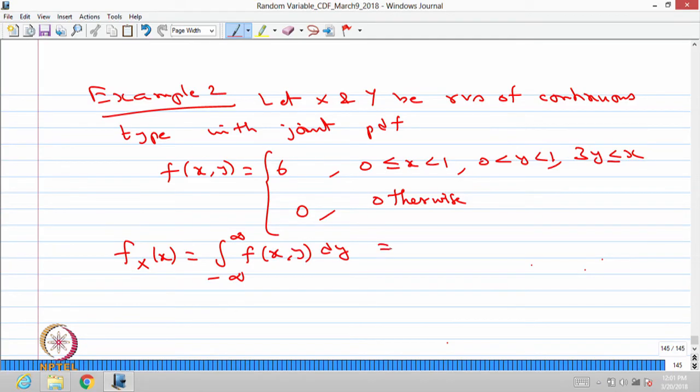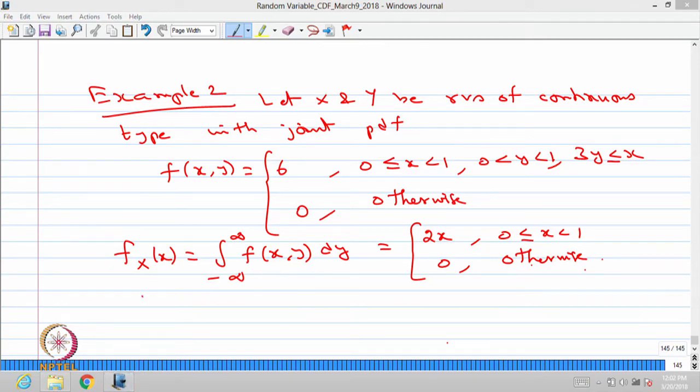If you do a little simplification, you can get the answer, that is 2 times x when x lies between 0 to 1, otherwise it is 0. You can verify whether this is a correct probability density function of x by integrating 2x from 0 to 1, you will get the value 1 and it is greater than or equal to 0, therefore this is a probability density function of x.